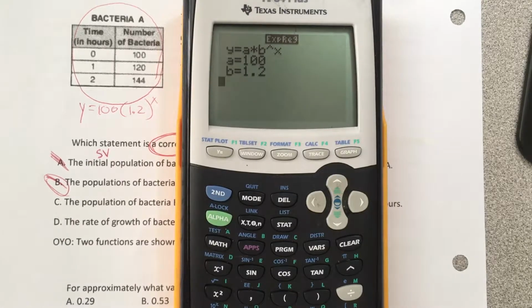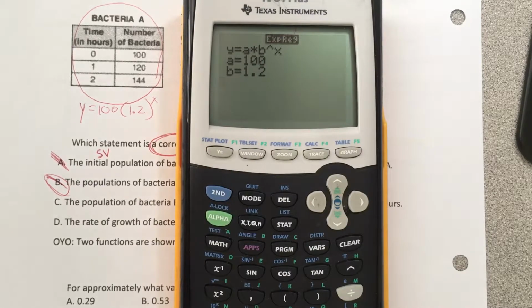I've got several people doing this one in Desmos. Guys, look up here real quick. Let me show you something in Desmos. If you click add a table, you can put them in 0, 1, 2. And then over here, 100, 120, 144. And then you would click this one, and you type y1, and then you do shift tilde.